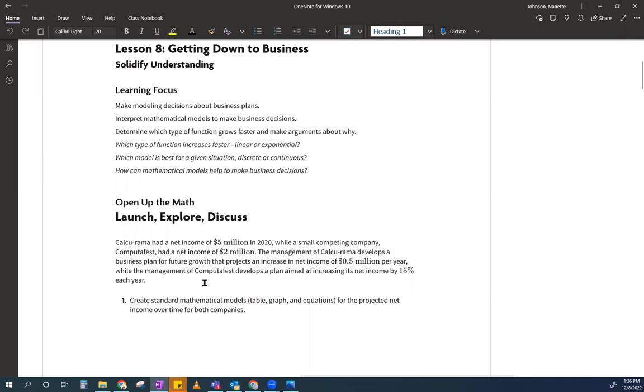While the management of ComputerFast develops a plan aimed at increasing its net income by 15% per year. Okay, so then it says create standard mathematical models, tables, graphs, and equations for projected net income over time for both companies.